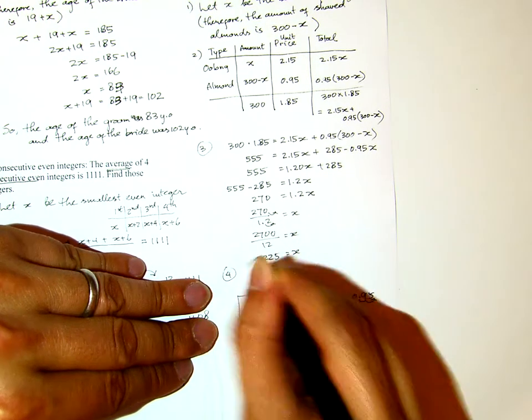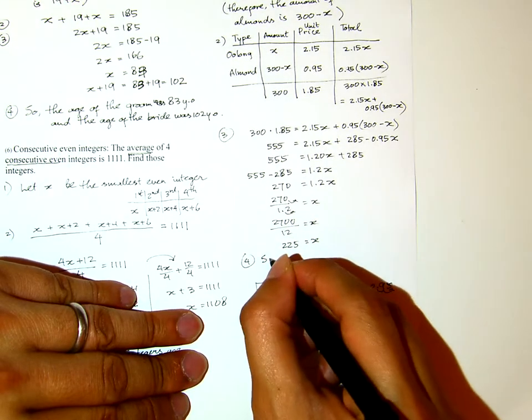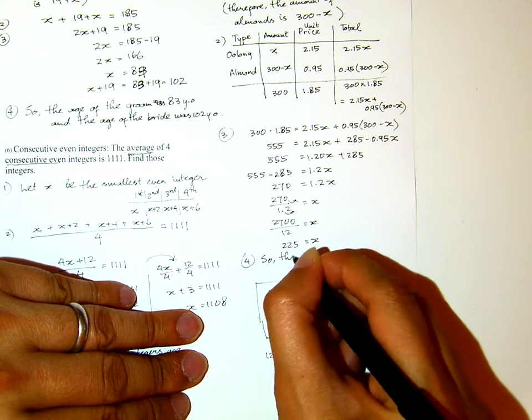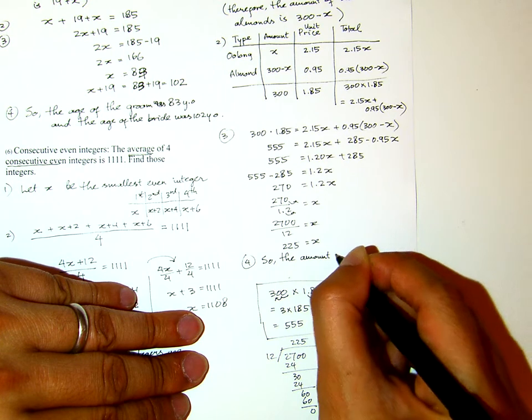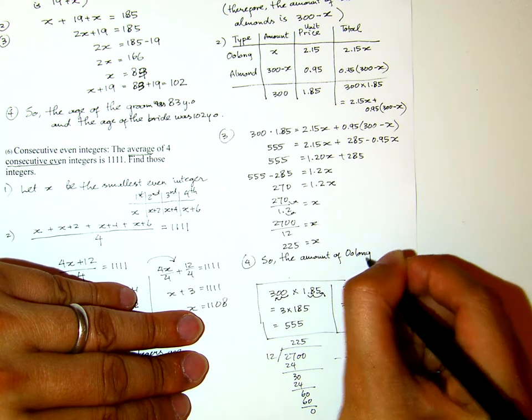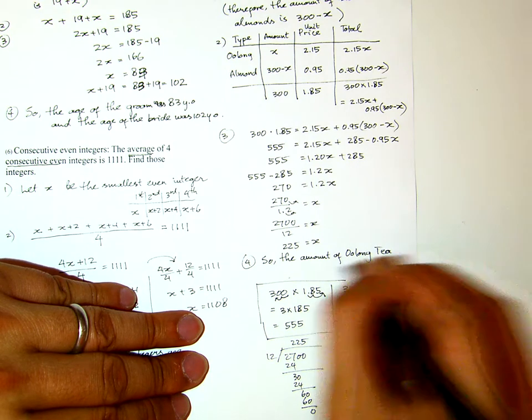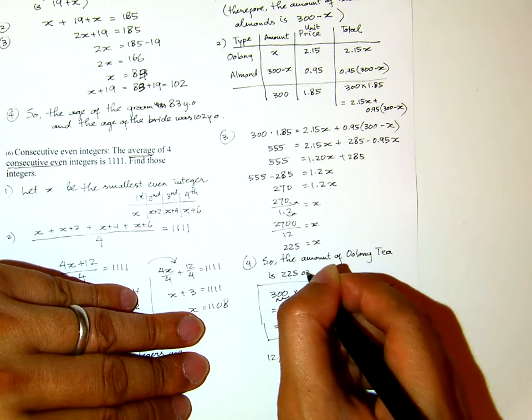So now what is our x again? If we look back, x is the amount of oolong tea. So the amount of oolong tea is 225 ounces.